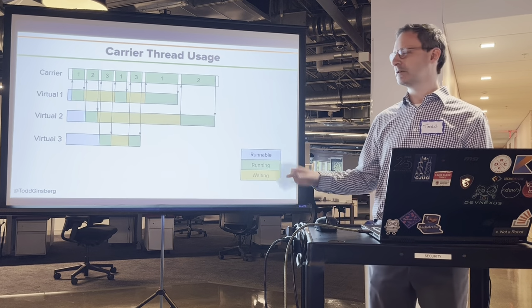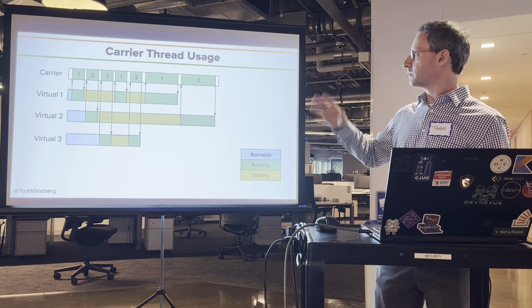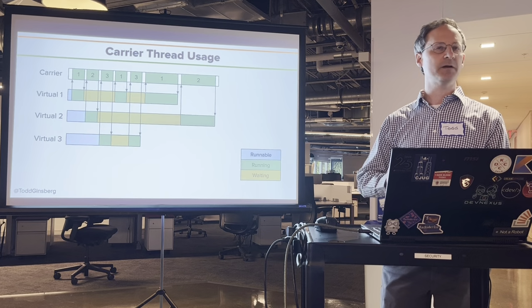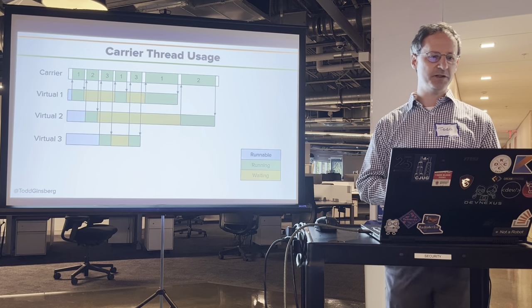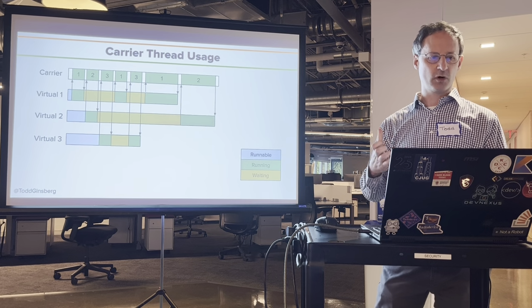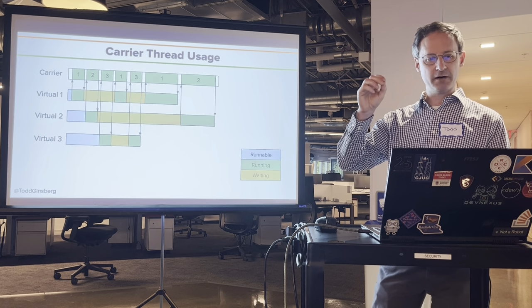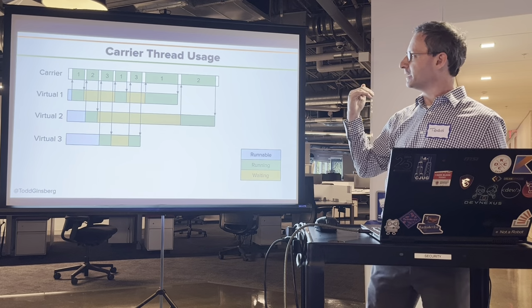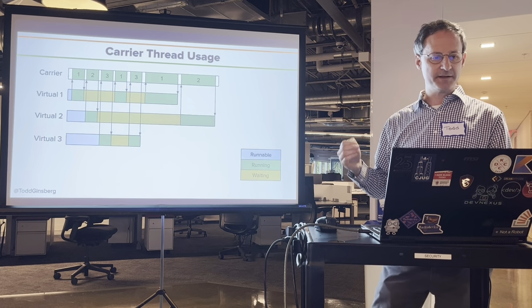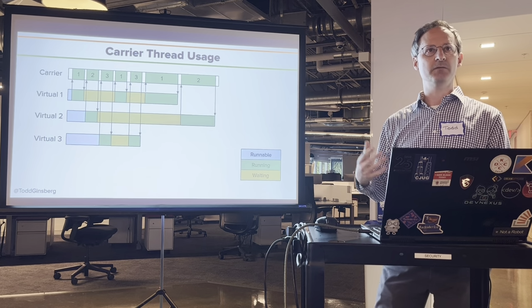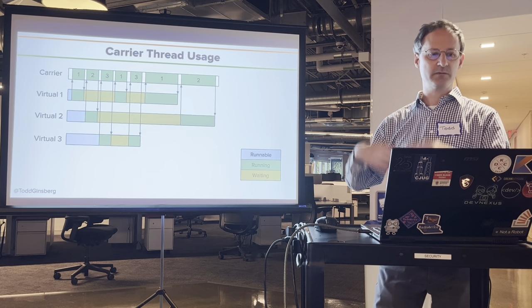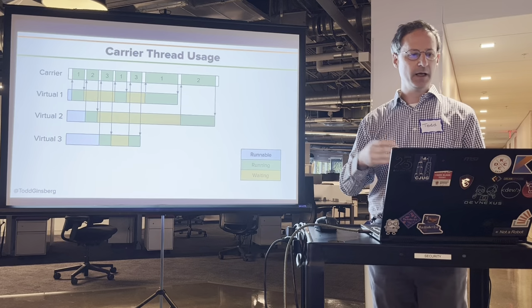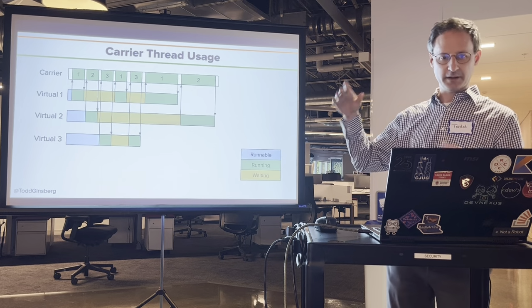And this diagram, I think, explains how the virtual threads get mounted and unmounted from the carrier thread. I'm not going to go through this in a super amount of detail, but as you can see, virtual 1 has some work to do, so it is mounted to the carrier thread. And when its work is done, when it goes into a wait state, the Java virtual machine finds something else that needs to be done, so virtual 2, and that work is mounted onto the carrier thread, and then virtual 3, and then back to 1, and then 3 and 1 and 2.